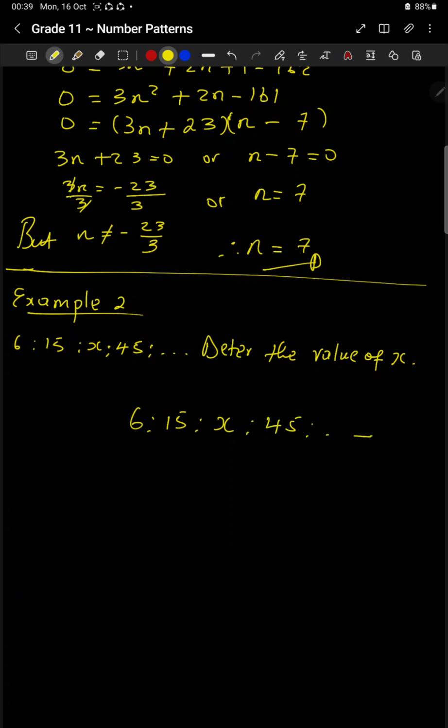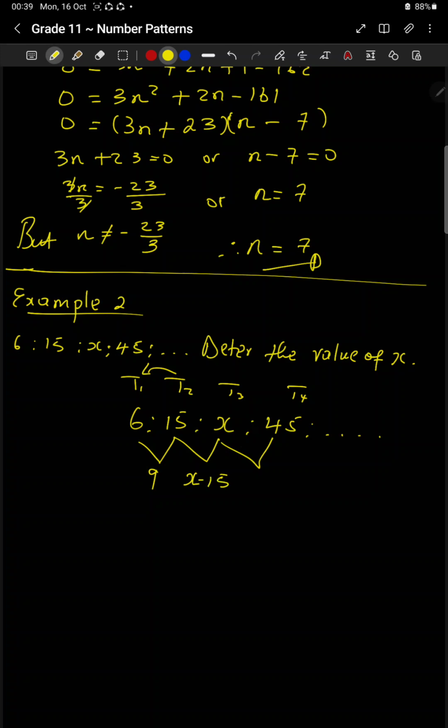45. Now the question says we need to solve for x, so it's easy. This one is t1, this is t2, this is t3, and this is t4. So we're just going to subtract: t2 minus t1 must be 9, and x minus 15 must be x minus 15.